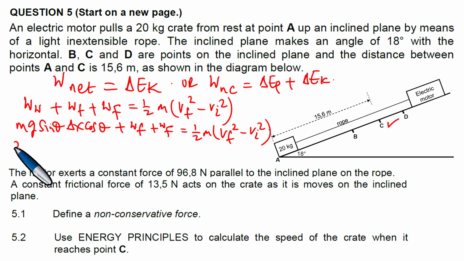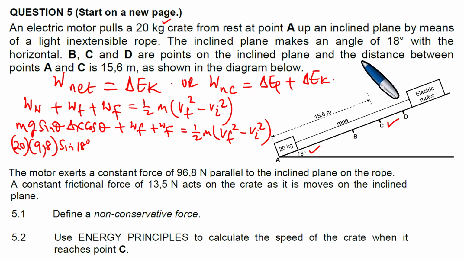We substitute the mass. It's a 20 kilogram crate, so you put 20, open bracket 9,8, the sine of the angle here, 18 degrees. Then we consider delta x.